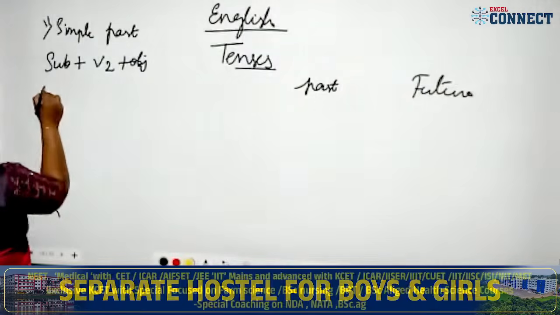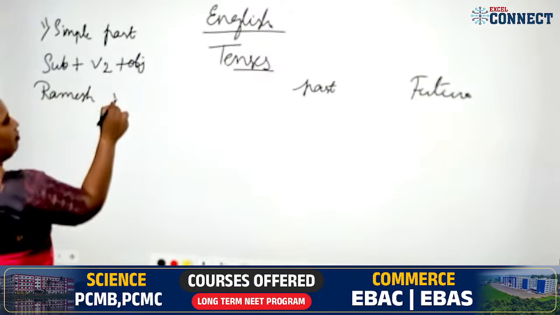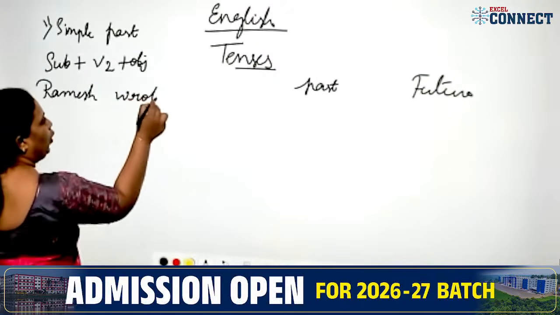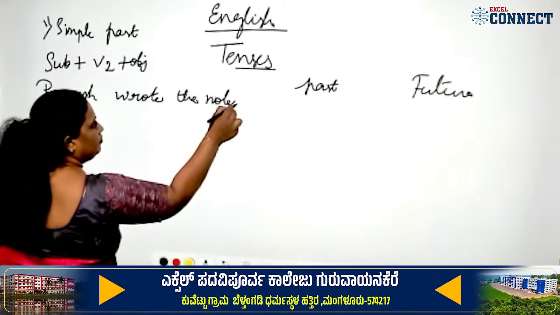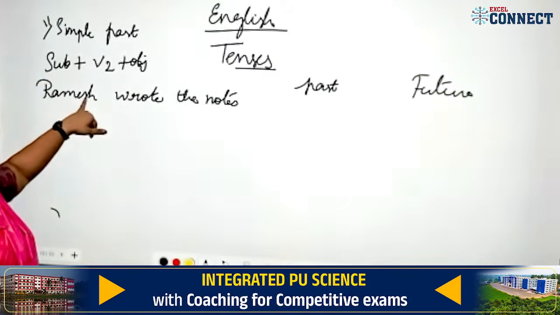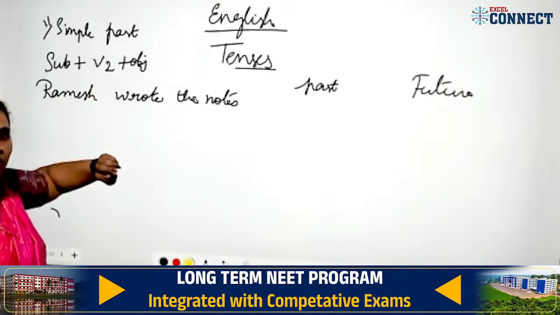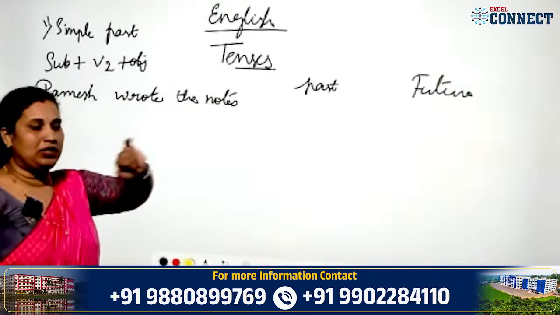So subject is Ramesh again, V2, wrote the notes. So subject Ramesh, V2, the second form of the verb, that is the past form of the verb, wrote the notes.